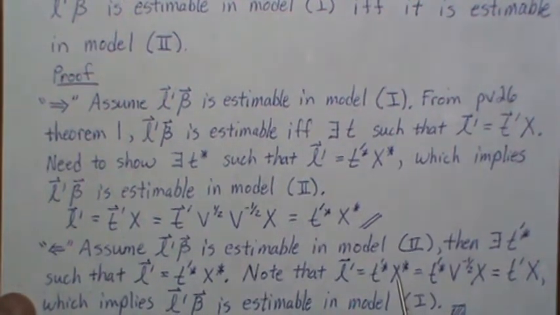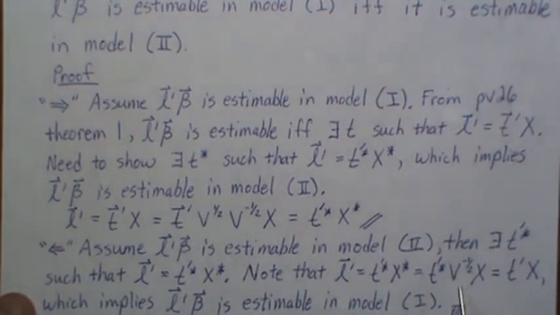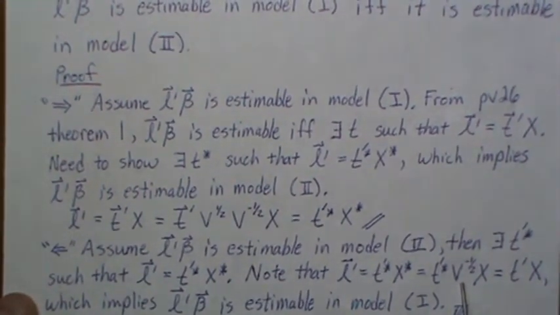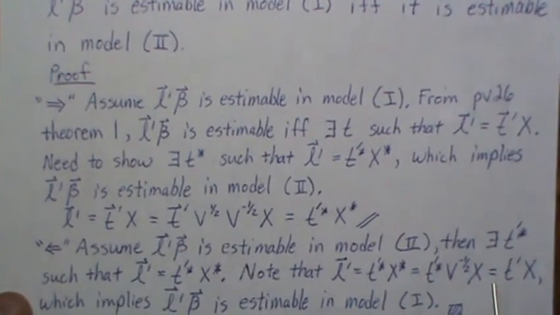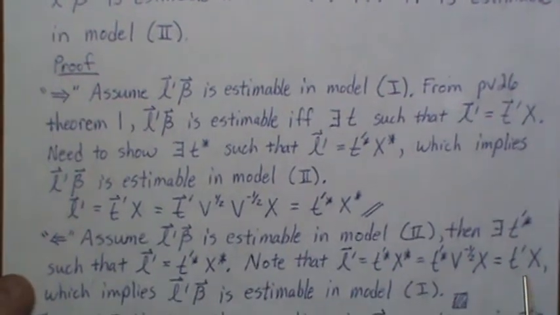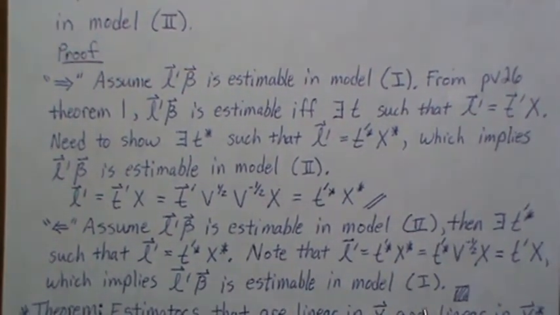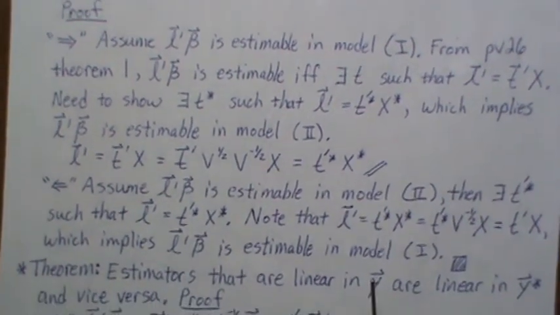But this, by definition, is X pre-multiplied by the inverse of the square root matrix. We can think of this as a vector, call it t, and then X carries over. Well, that says it's a linear combination of the rows of X, which implies that this linear combination is estimable in model 1. And then the theorem is proved.